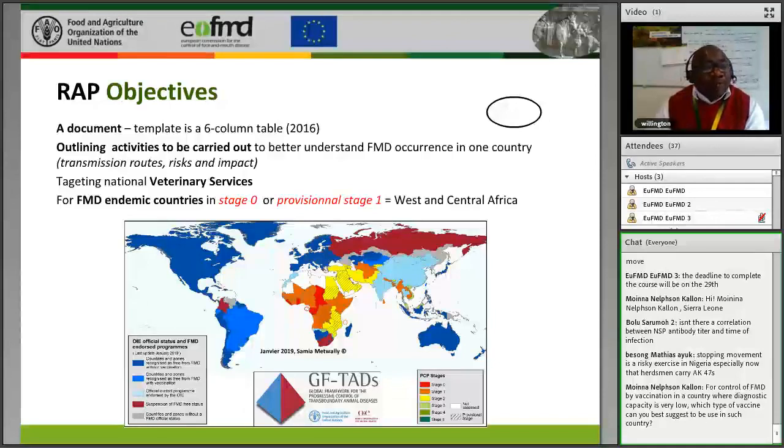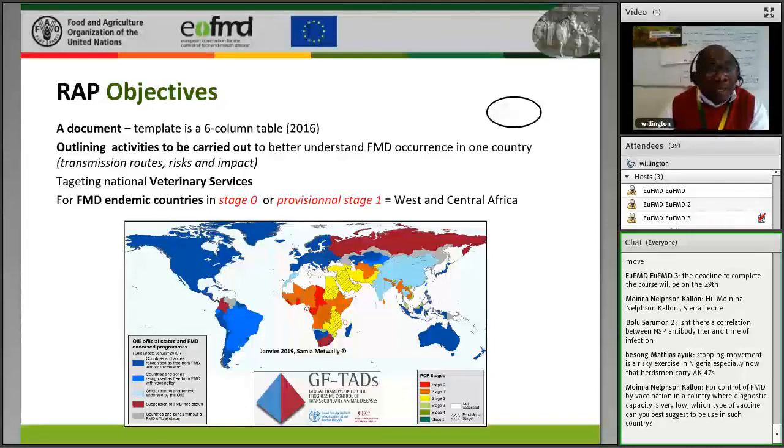The risk assessment plan is actually a template. It's in the form of a questionnaire, which a country desiring to move from stage 0 to stage 1 has to fill with clearly defined activities and outcomes.